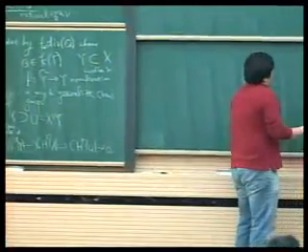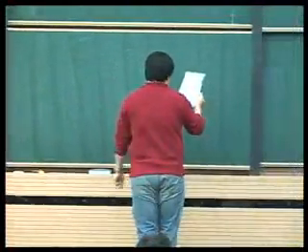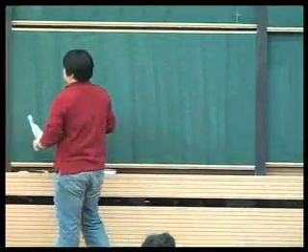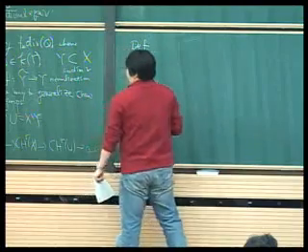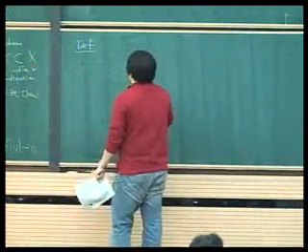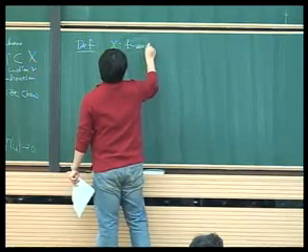Okay, so that's one step. Well, a better way is to give a way of constructing this. So X is, again, a K-scheme, K-variety.